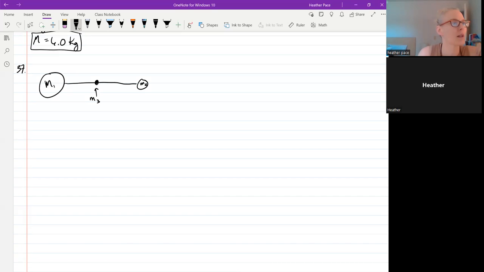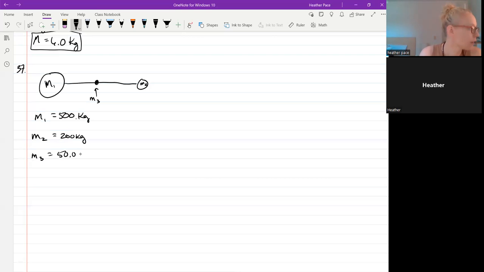We want to know the net gravitational force exerted by these objects on the 50 kilogram mass, mass 3. All right, so we know M1 is 500, M2 is 200, M3 is 50.